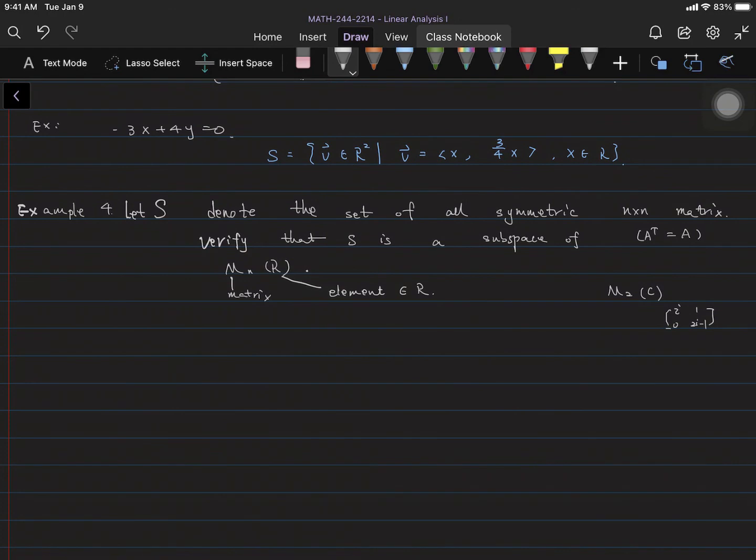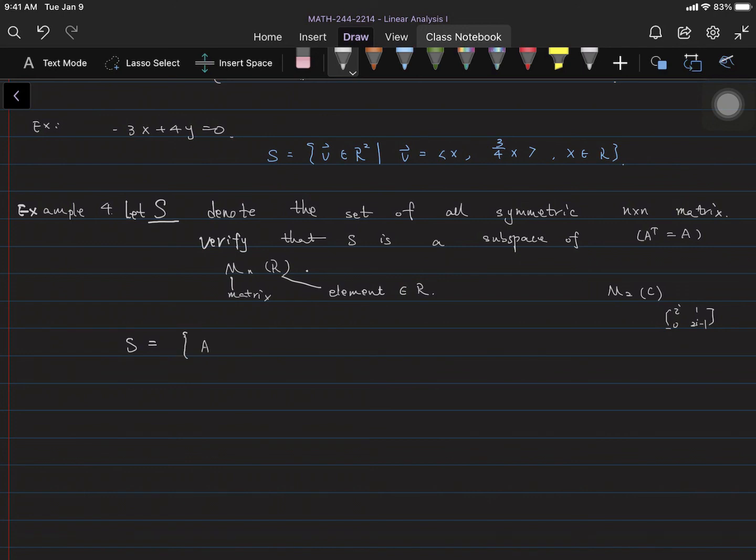Now let's take a look at how to do it. Firstly, we want to denote S. S is the set of symmetric matrices. So we want to verify S is a subspace. Firstly, let's write down S in set notation. Right now, it's going to be a set of all the matrices.